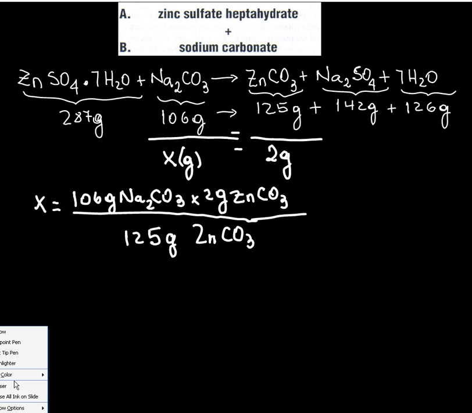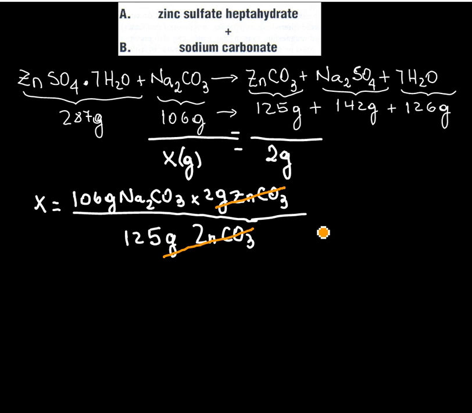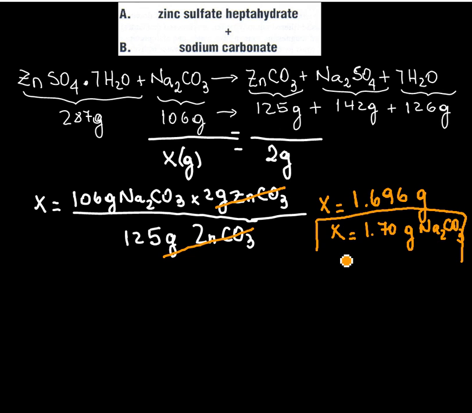So zinc carbonate can be cancelled, yes? So we can cancel this one and this one. So X would be 1.66 grams. We have to round to 2 decimals, so X will be 1.70 grams of sodium carbonate. And that is the first thing that we need to calculate. That is our X.